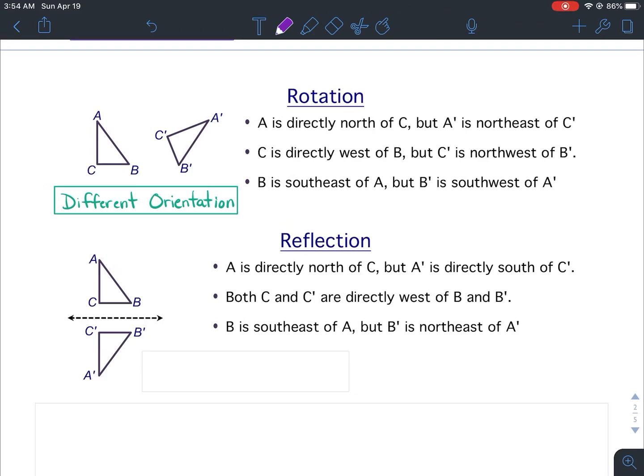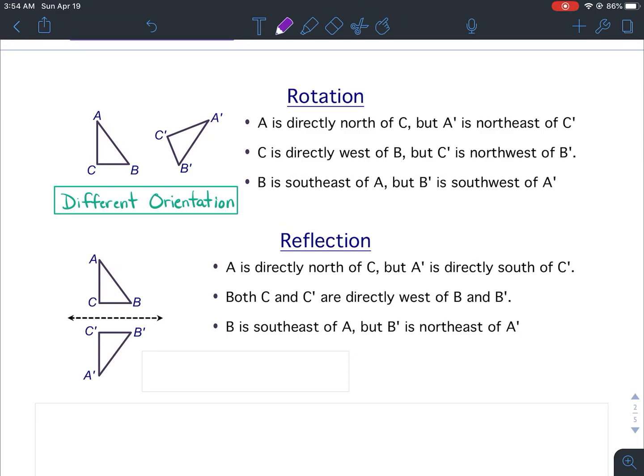Reflection. A is directly north of C, but A prime is directly south of C prime. Both C and C prime are directly west of B and B prime. B is southeast of A, but B prime is northeast of A prime.